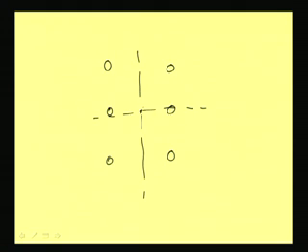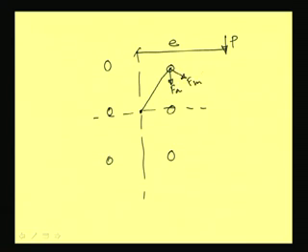and let us assume that this is the center of the rivet group. Now, the force P is acting here with an eccentricity E, and so this rivet will exert a force due to direct axial force F A and due to eccentricity F M, due to the moment because of the eccentricity of the load.